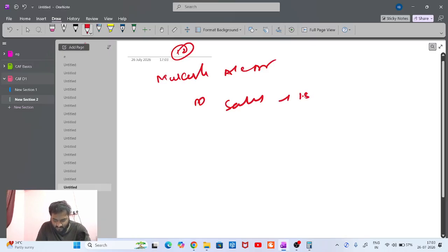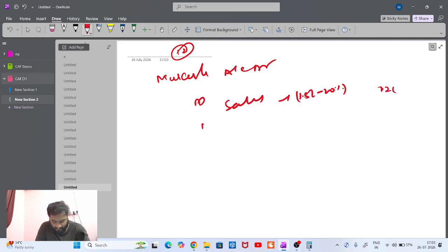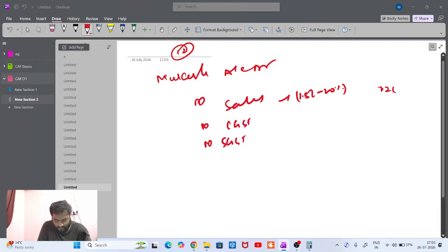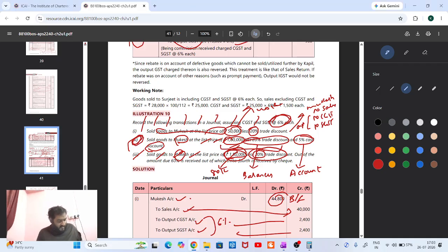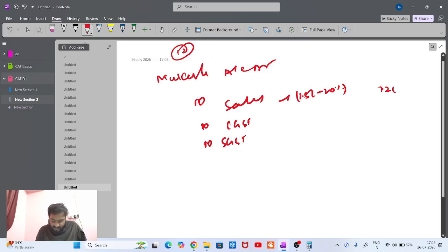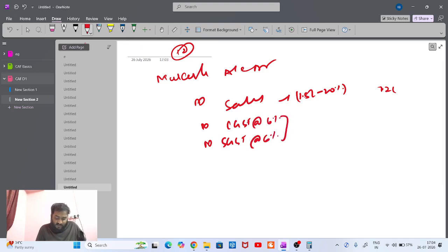Sales is 1.5 lakh minus 20%, which is 1.2 lakh. To CGST, to SGST. CGST at the rate 6%, 6% of what? 1.2 lakh, which is 7,200. This side is done and dusted.